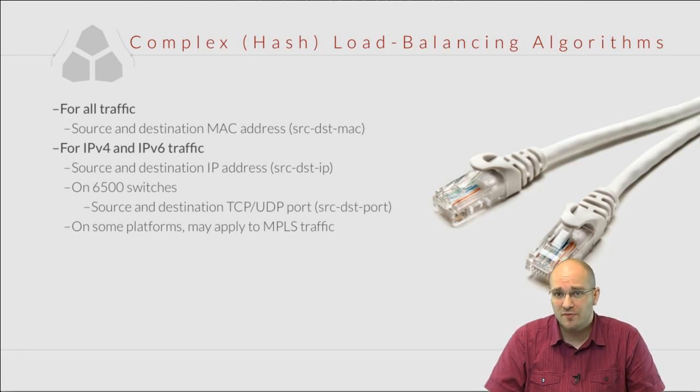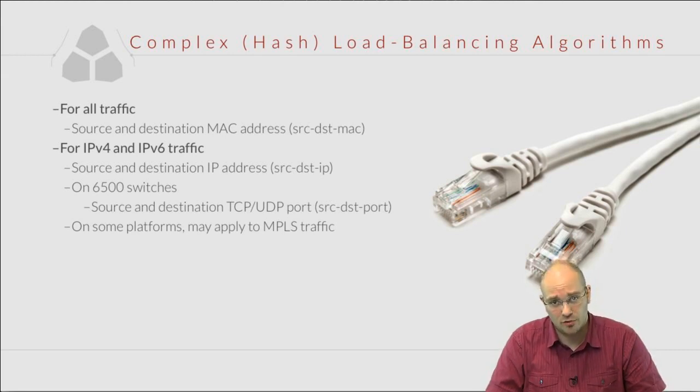For IP and IPv6 traffic, and remember sometimes for MPLS traffic, we can use the combination of source and destination IP addresses. On some higher-end platforms, like for example Catalyst 6500, we can actually use the port numbers as well. But this presents us with a unique problem. Let me show you what problem we are dealing with when we are using complex load balancing algorithms.